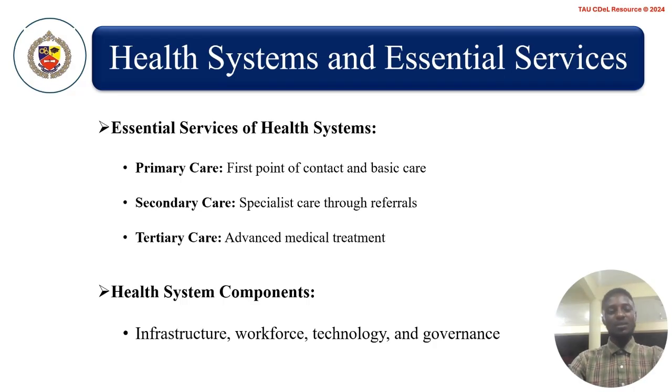Let me also quickly take us through the health system and essential services. In a health system, we have essential services being offered. When a patient is taken to a hospital, the first point of contact and basic care is what we call primary care. From primary care, we have secondary care, which is when the patient is referred to a specialist.